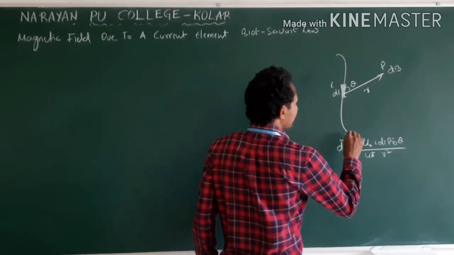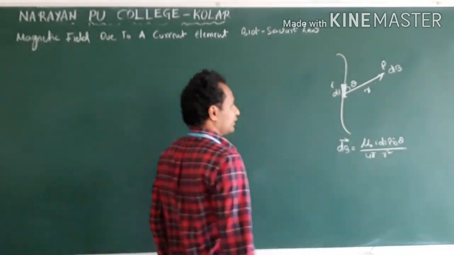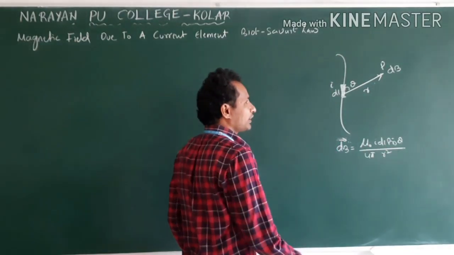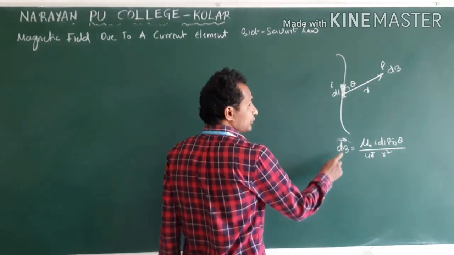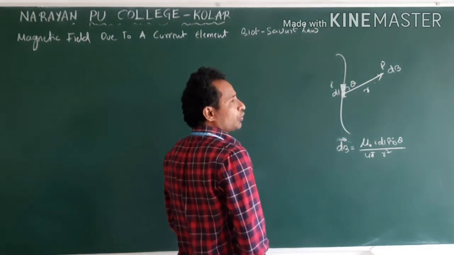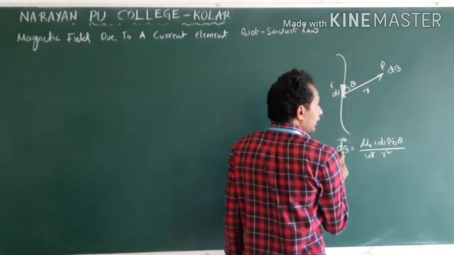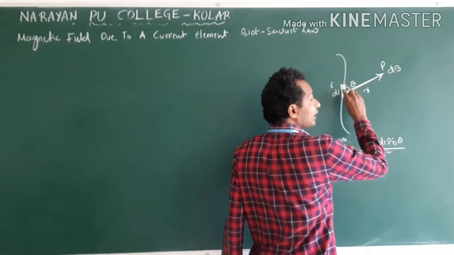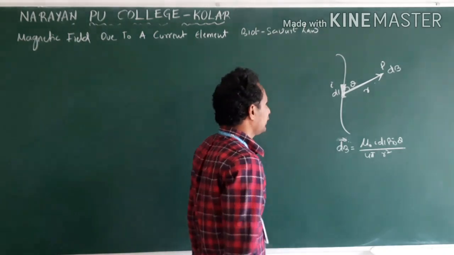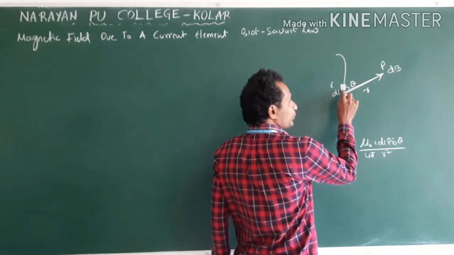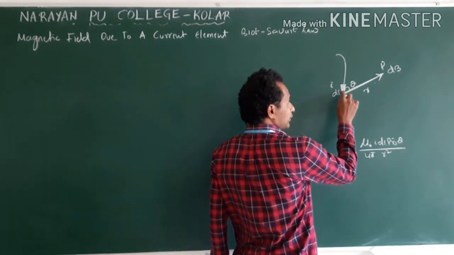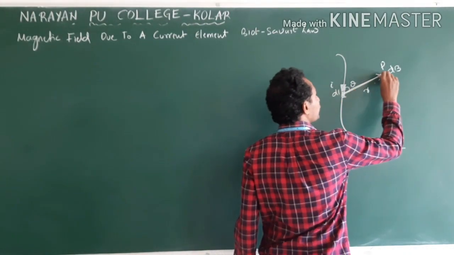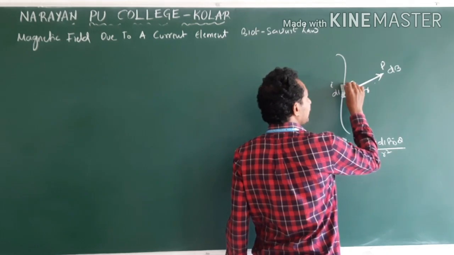This field is a vector quantity. Then the direction of this dB: it is always perpendicular to the position vector as well as the current element. Clear? The magnetic field produced by the current element acts perpendicular to the position vector as well as the current element.